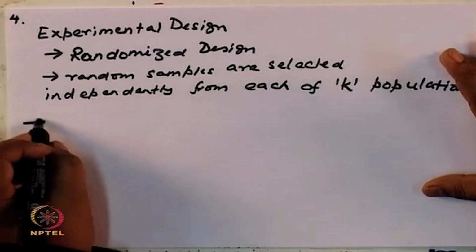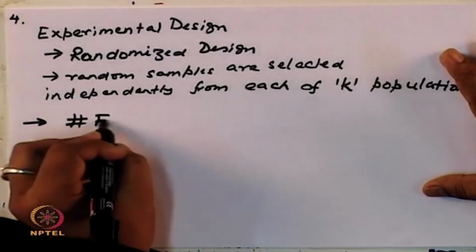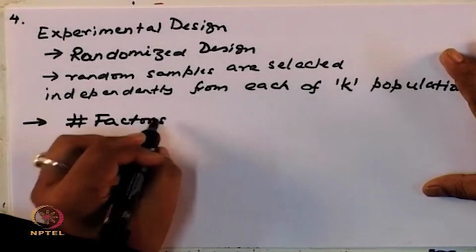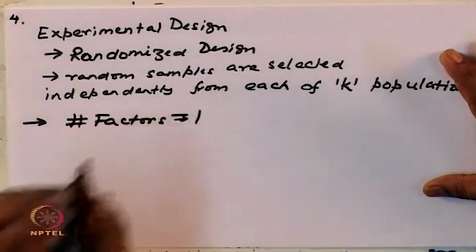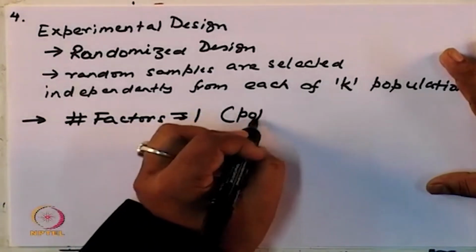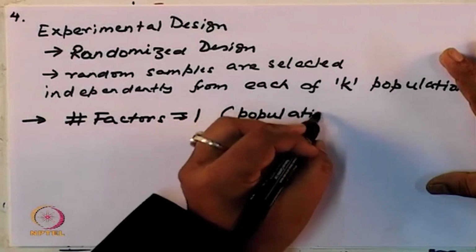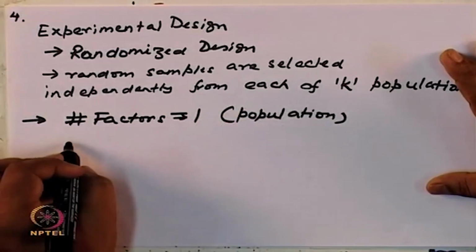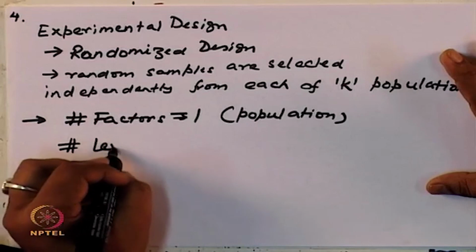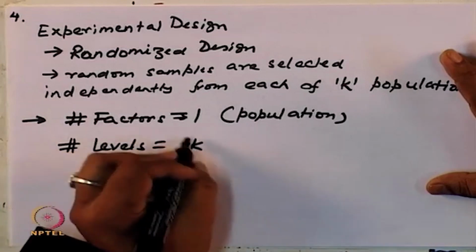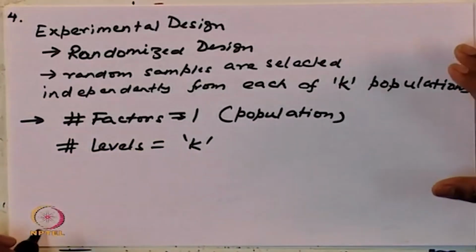In this particular case, the number of factors is equal to 1, since you just have population as your variable. But the levels of the factor is equal to k, because you have k such populations.